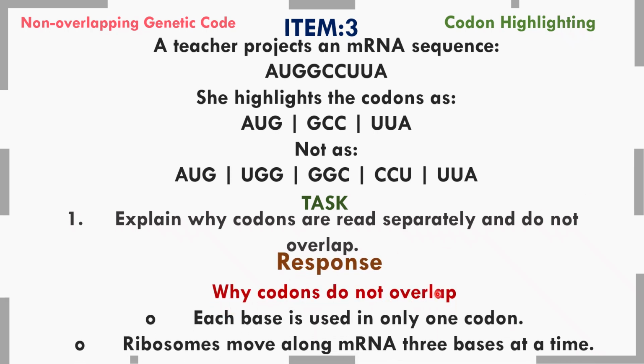Why do codons not overlap? Each base is used in only one codon. Ribosomes move along messenger RNA 3 bases at a time.